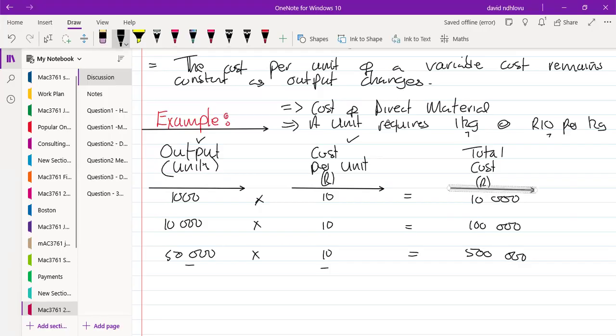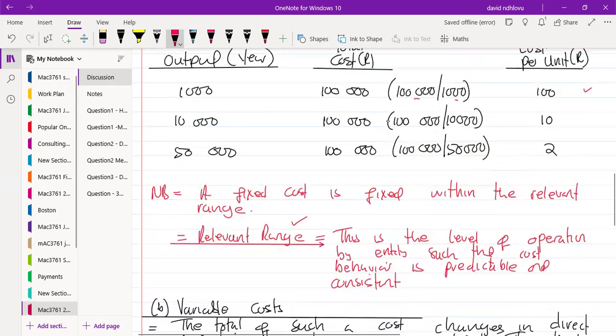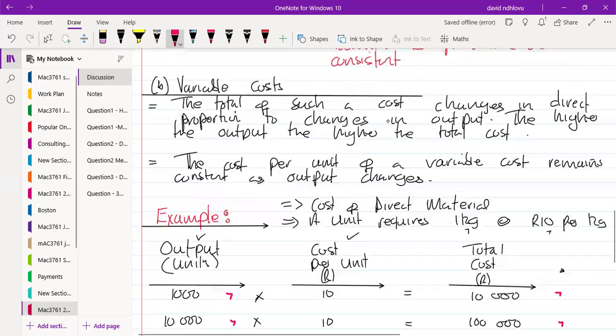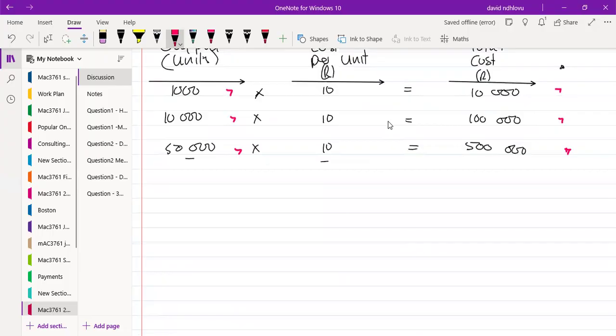So it's very clear, the cost per unit remains constant. However, the total costs now change in direct proportion to changes in output. At each and every level of output, there is a different total cost that is going to be incurred. And the higher the output, the higher the costs. So that's an example of what we call a variable cost.